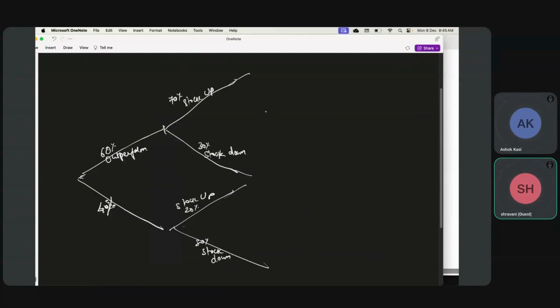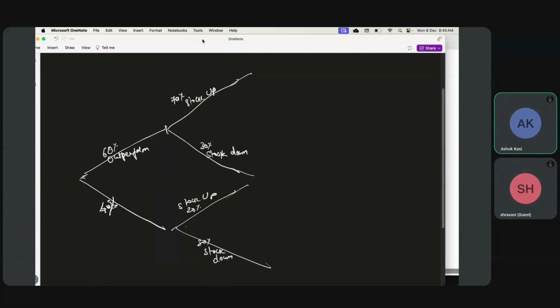Now, before getting into Bayes' theorem, see, this is called unconditional probability, the one that is happening first. Unconditional, so outperformance. If it happens, then only the stock will go up. There is a 70% chance that the stock will go up.